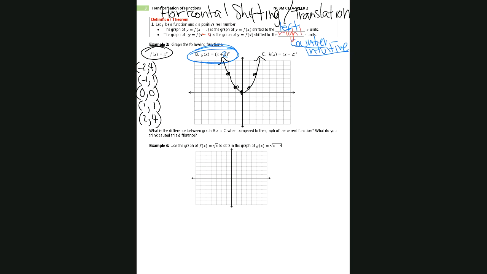So let's see what we're going to do. So for the one in blue, instead of adding, we're going to be subtracting 2 from x. So our new points will be -4, 4, -3, 1, -2, 0. So I'm not doing anything to my y value. I'm just subtracting 2 from the x value. So 1 minus 2, -1.